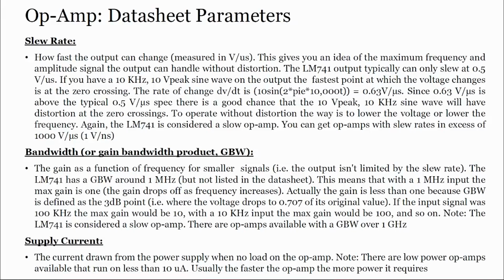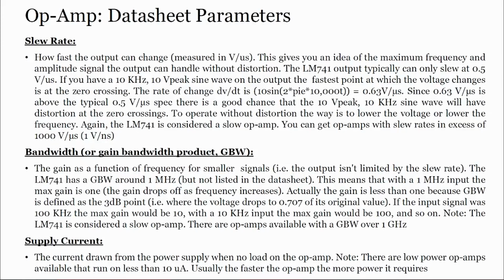Again, the LM741 is considered a slow op amp. However, you can get op amps with a slew rate in excess of 1000 volt per microsecond, or 1 volt per nanosecond. So fast, slew rate can be very fast.